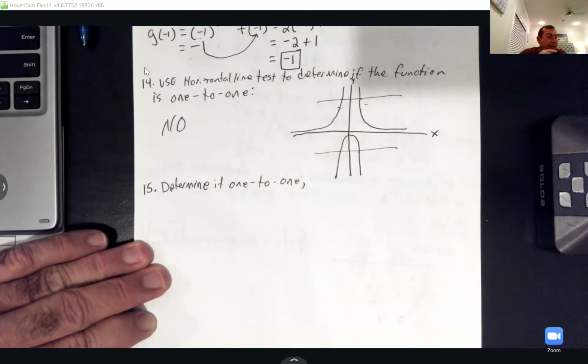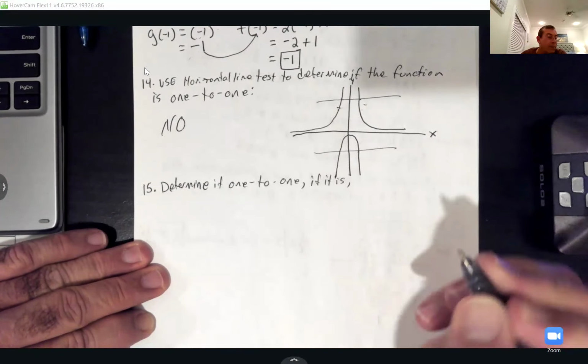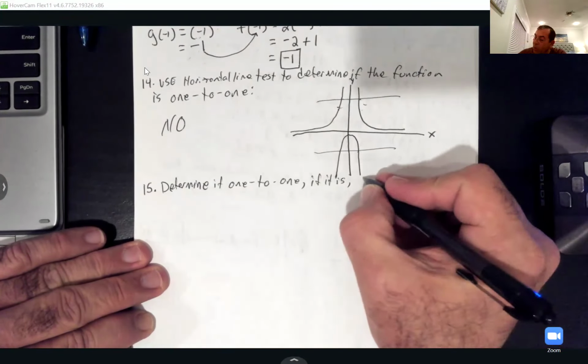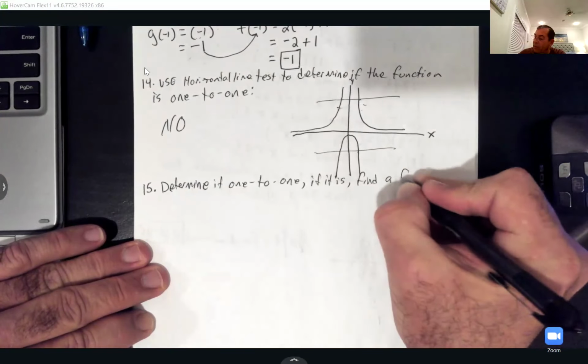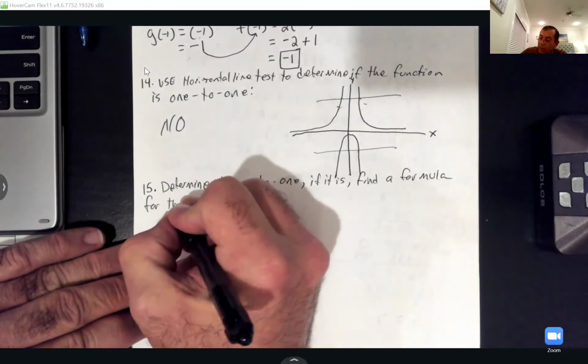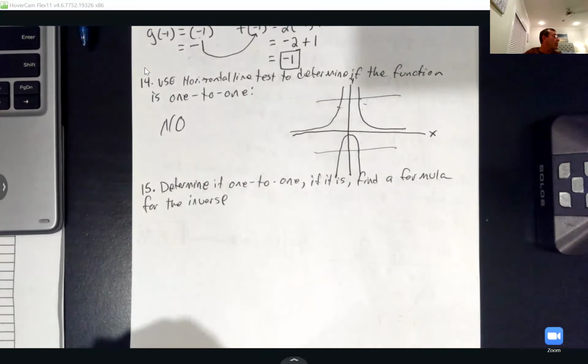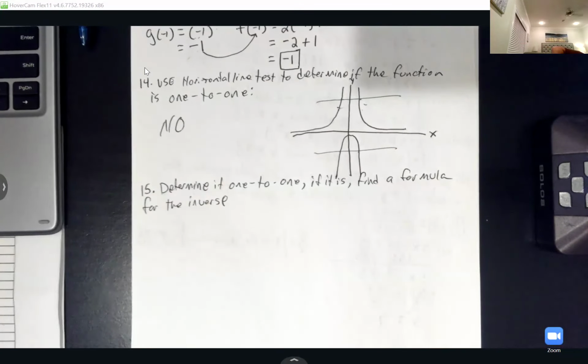Then it says if it is, find a formula for the inverse. Okay.